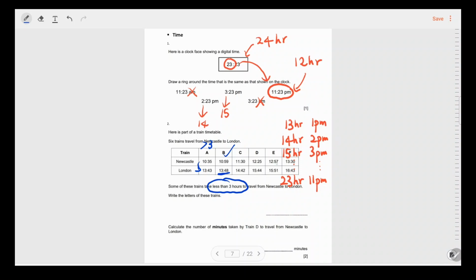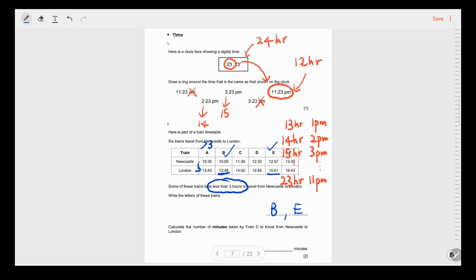Okay, so 12:57 is 1:57, 2:57 and 3:57. This is 3:51, less than 3:57. So this is right. And then 1:30, 2:30, 3:30, 4:30. This is bigger than 4:30. So therefore, we have 2 trains that take less than 3 hours, train B and train E.